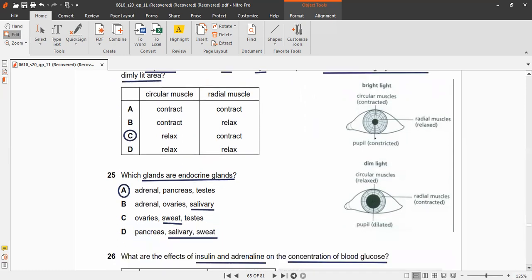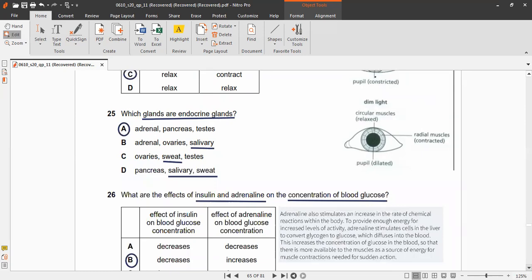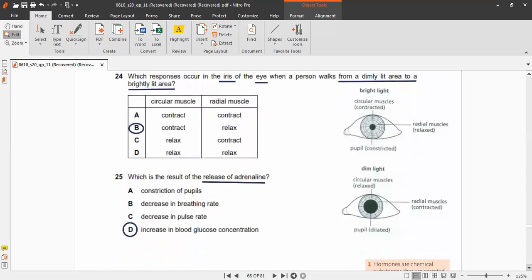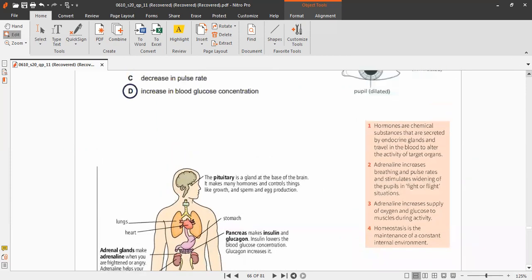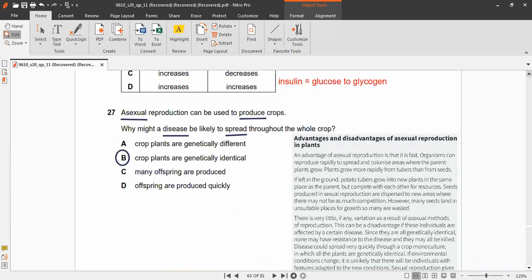Which glands are endocrine glands? Endocrine glands like pancreas, ovaries, testes, adrenal glands, and pituitary glands are endocrine glands.